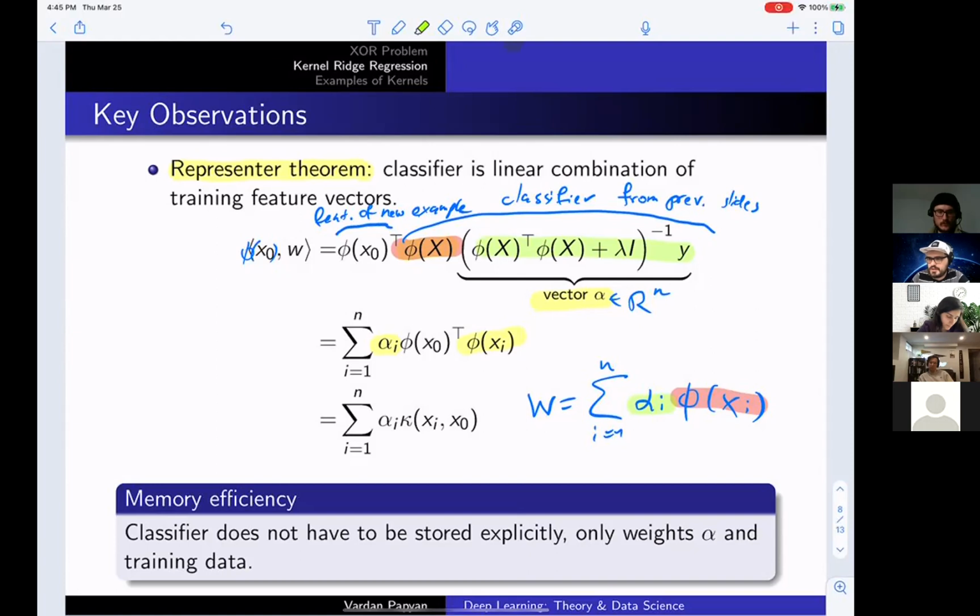And so here you can see the important implication: you don't actually have to save the classifier. All you have to do is save these coefficients alpha_i and your training data, right? You don't actually need to save anything except that.